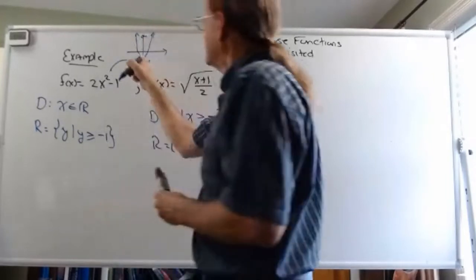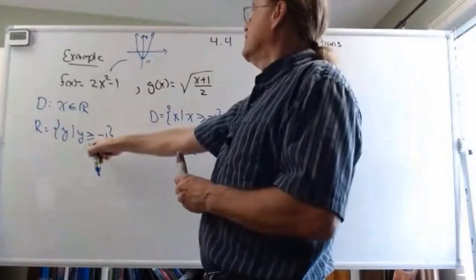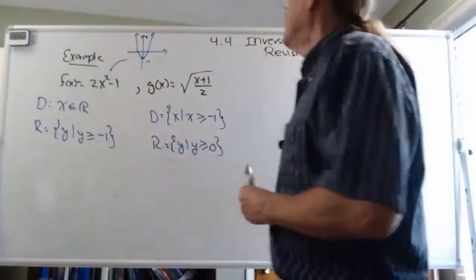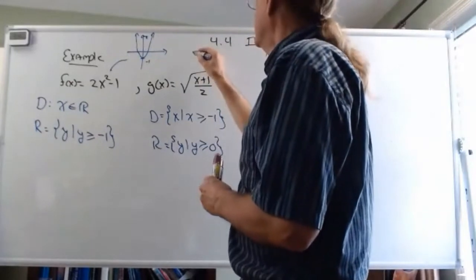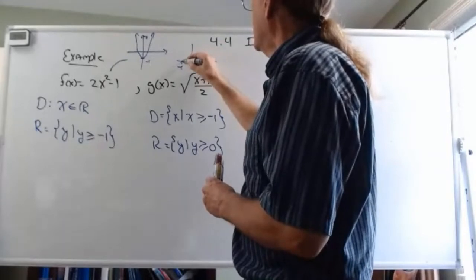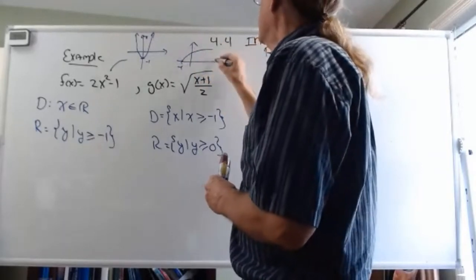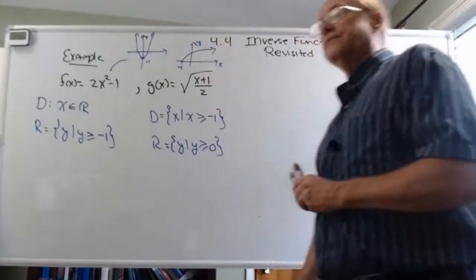And visually, you can see y starts down here at -1 and goes up to infinity. So y is greater than or equal to -1. Here you can see the range of this. So x looks something like this. Use your calculator. You can plug those in and get a nice picture. They're simple functions.